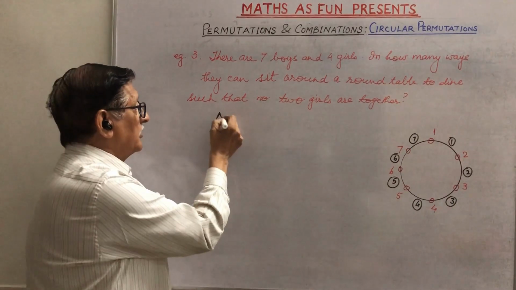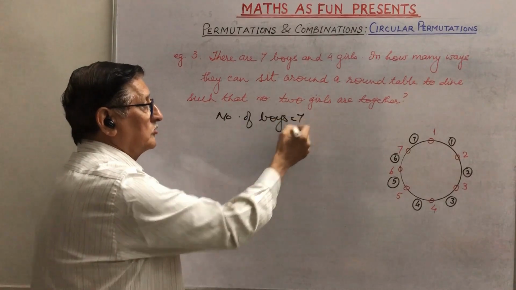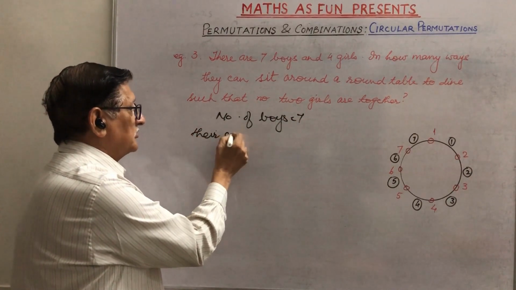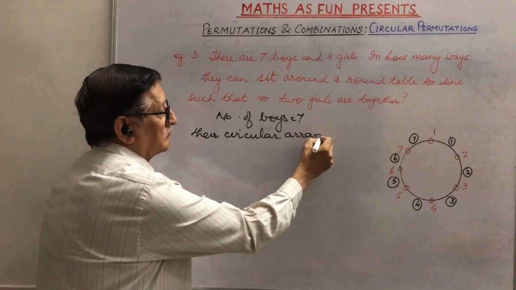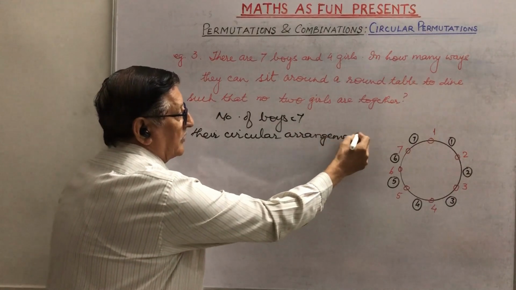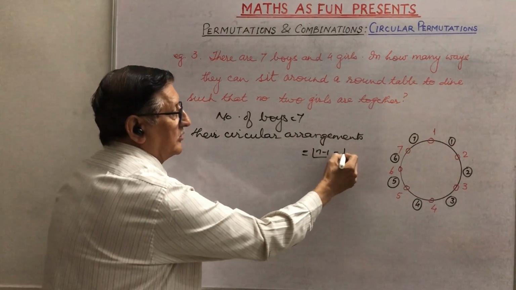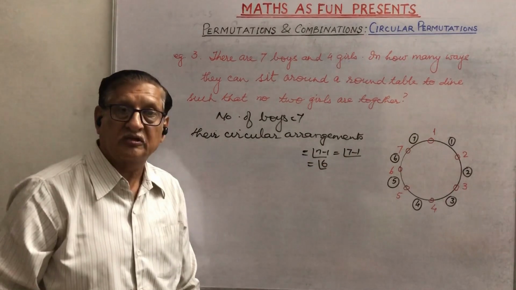So we can write number of boys is equal to 7. Their circular arrangements will be how many? That is factorial n minus 1, or factorial 7 minus 1, which is equal to factorial 6.